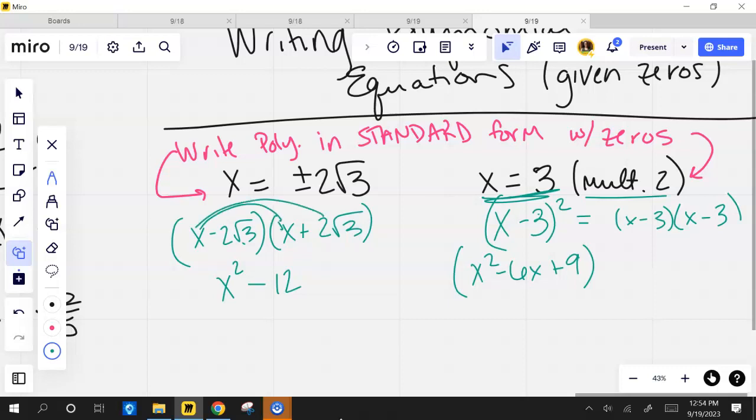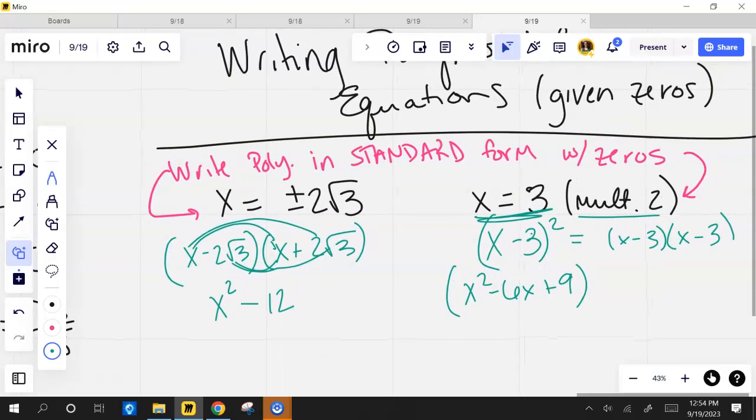X squared, these two are the same, and then this times this. 2 times 2 is 4, square root of 3 times square root of 3 is 3, 4 times 3 is 12. I'm still not done though. All right, so look, if you don't understand that part, all you need to know is you make factors out of all the zeros. So you got x minus 2 root 3.